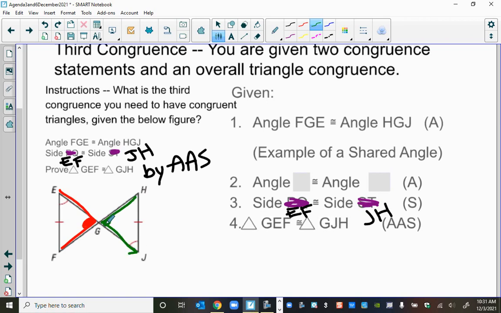They're shared angles, but what else do we know about the measurement of those two angles going directly across? What type of angles do we have? Begins with a V. Vertical angles, very good. So the vertical angle is like a shared angle. So that's a way we can say these two angles are congruent.